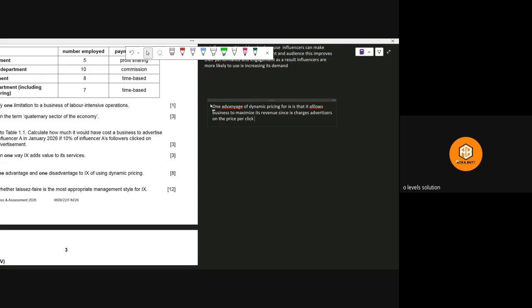So adjusting the prices depending on demand, when demand is high.